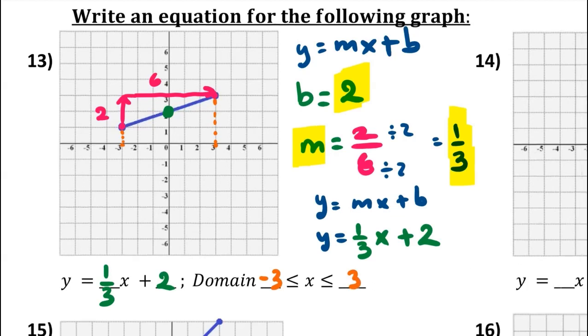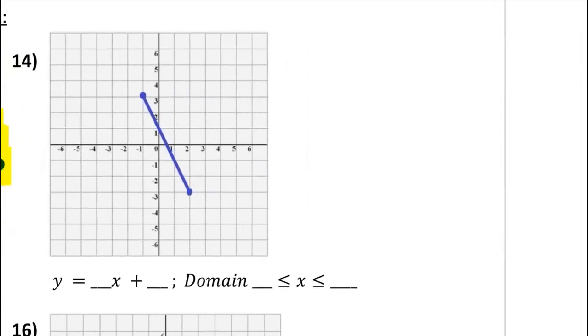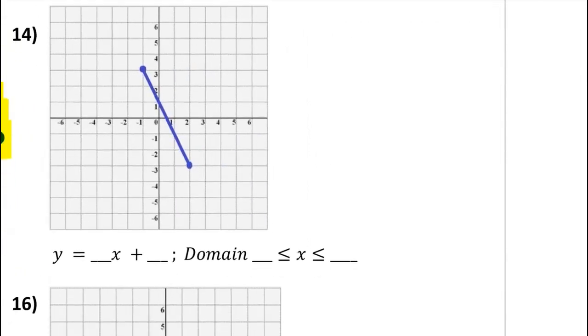Okay, number 14. Okay, I need to hurry up because the video is quite too long and my battery is running out. Again, y equal to mx plus b. We need to know the beginning. We begin at 1. Where they cross the y-axis, they cross at 1. So b is 1.